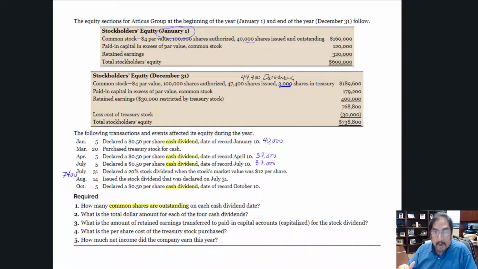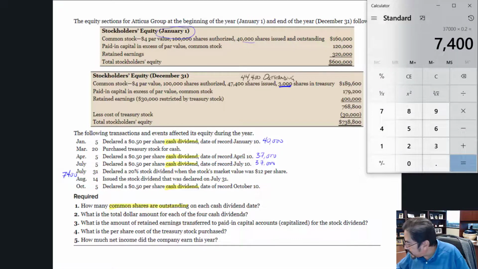So by October 5th, there's another 7,400 shares out there. So 37,000 plus the 7,400. So 44,400 shares outstanding.